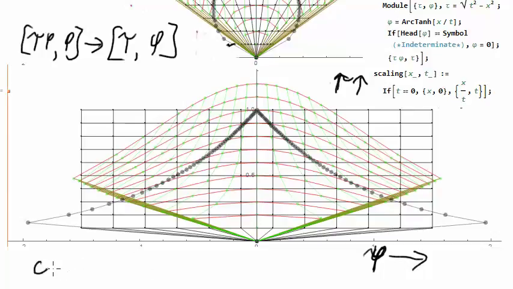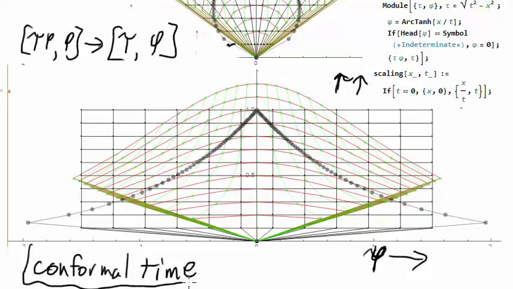It's something they're calling conformal time, because for some reason they think that the speed of light should also operate as a constant in the tau phi variables.